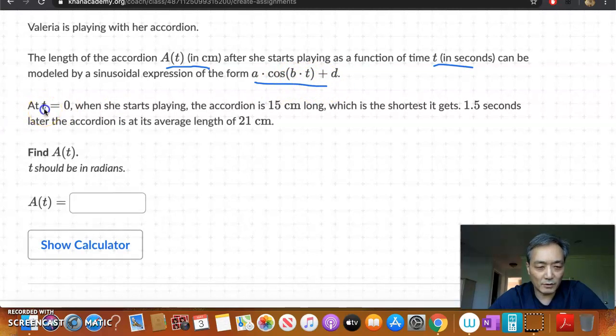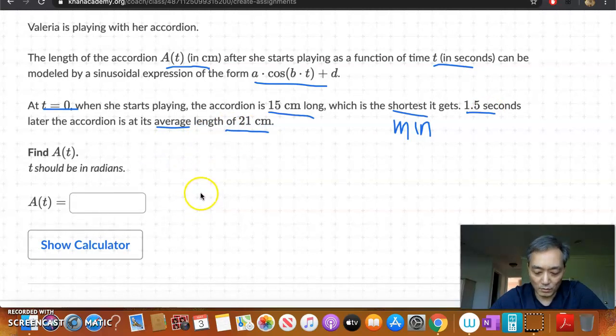And here at t equals 0, this is the initial point, she starts playing the accordion. It's 15 centimeters long, which is the shortest it gets. So since it's the shortest, my guess is that we're starting at the min. Shortest means min. 1.5 seconds later, the accordion is at the average length. So here at 1.5 seconds, the length is 21 centimeters.